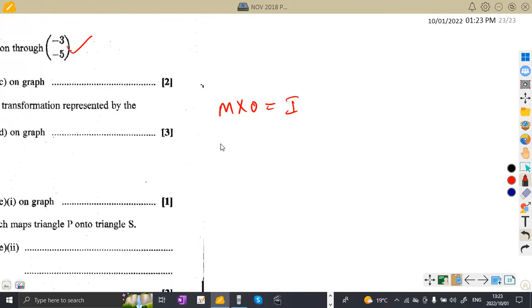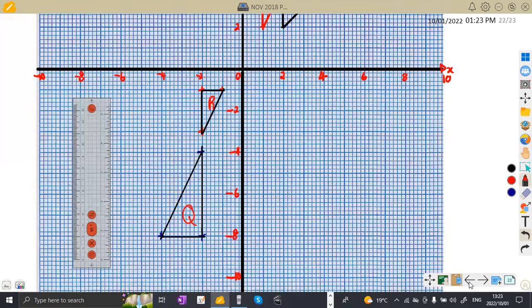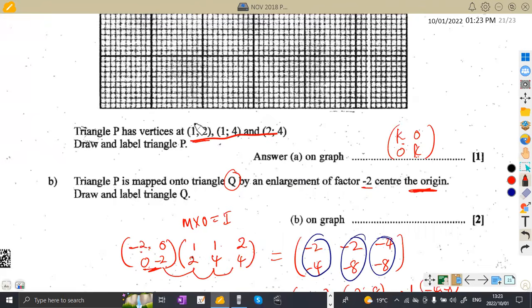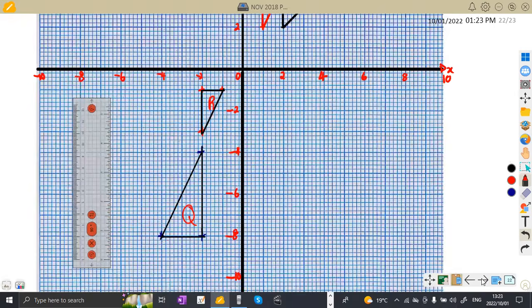So the matrix was given as [1 -1; 1 1], like this. We don't have such a matrix in our transformations, but this is the one that you're given. Use it as it is. You multiply it to the object. You go back to those points on the object P, and you write them as they are: (1, 2), (1, 4), and so on up to the last one. So let us write them here.